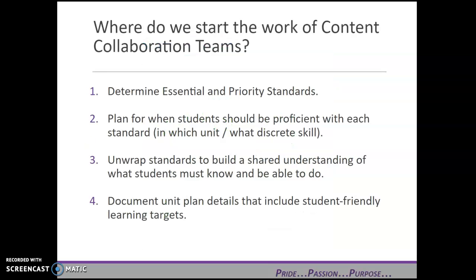As we begin this work, our first step is to agree on essential priority standards. Teams will need to plan when a student should be expected to be proficient with a standard or a specific skill. Teams will need to revisit standards and learning targets to build a common understanding of what students must know and be able to do.